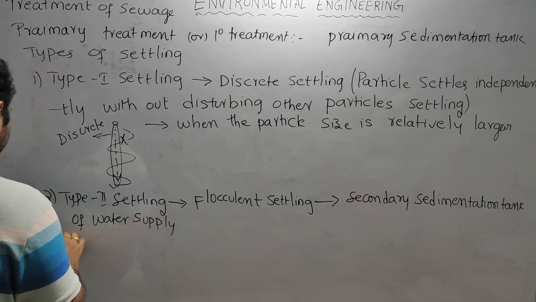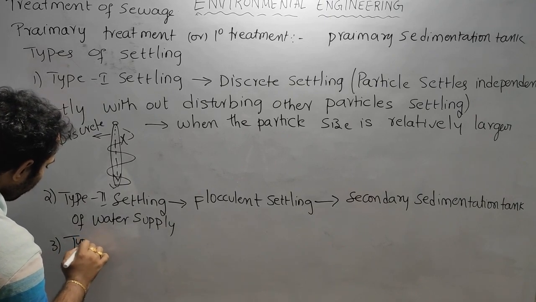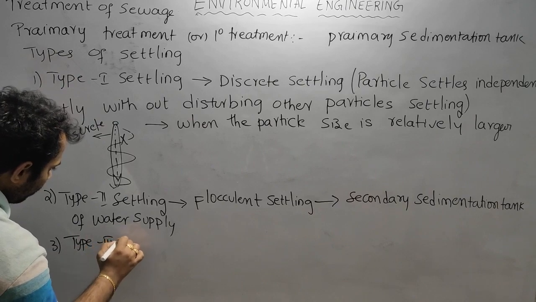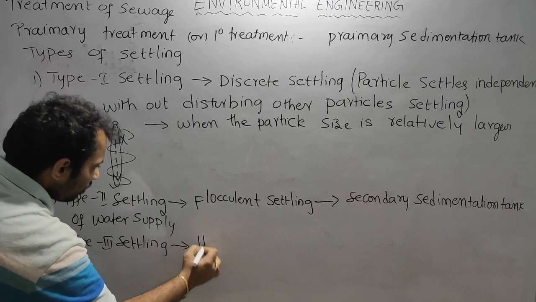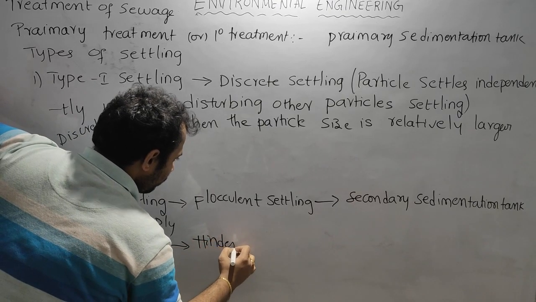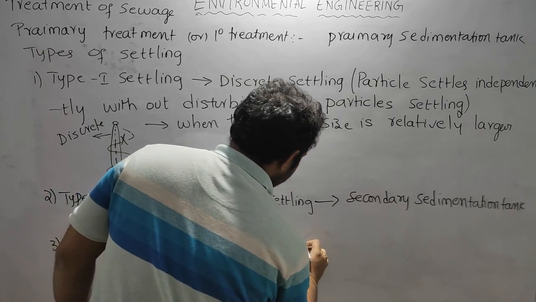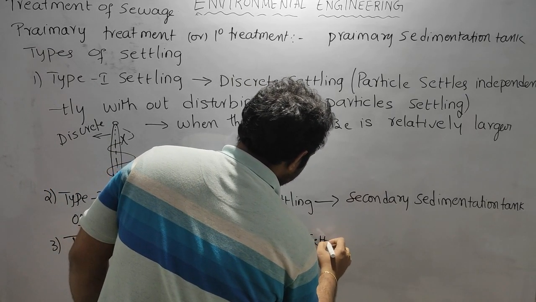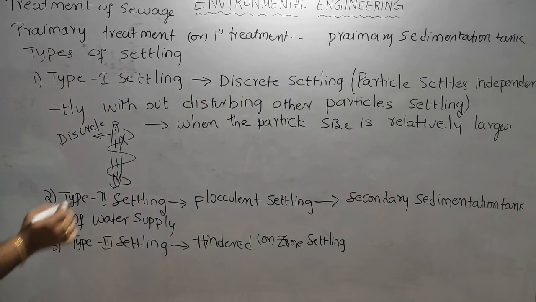And type 3 settling, that is hindered or zone settling. Hindering means obstructing the path of one particle by another.